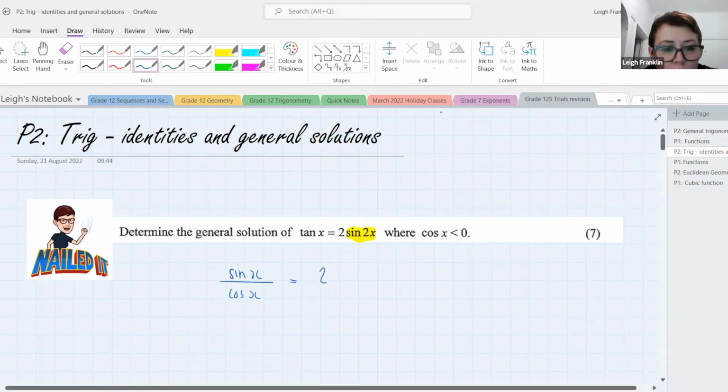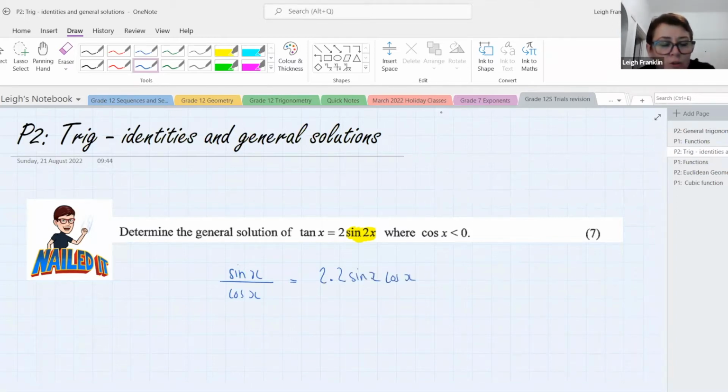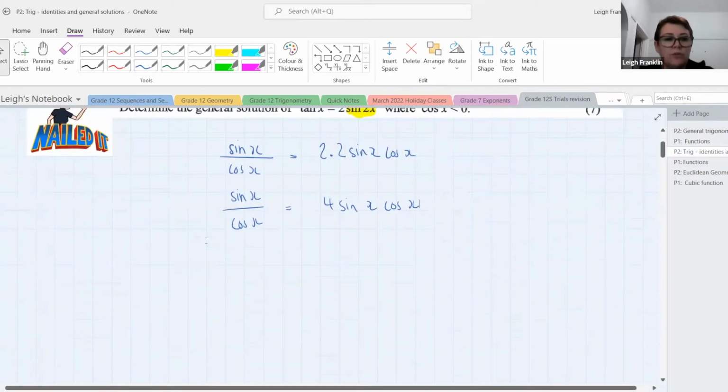So we've got 2 times 2 sine x cos x. So what we're ending up with here is sine x over cos x is equal to 4 sine x cos x. Now what's the next step, do you think? What do you think we should do now?